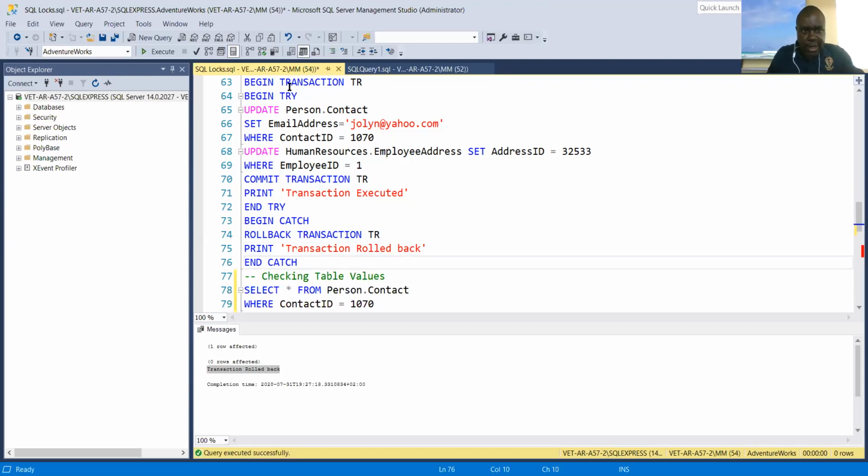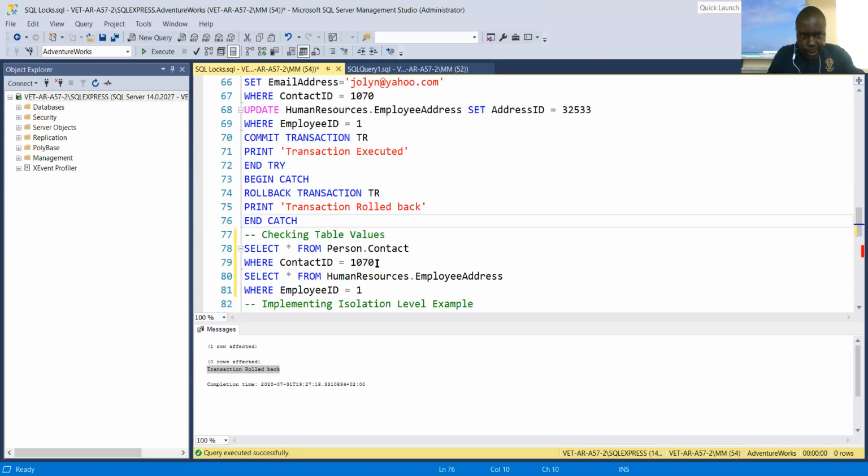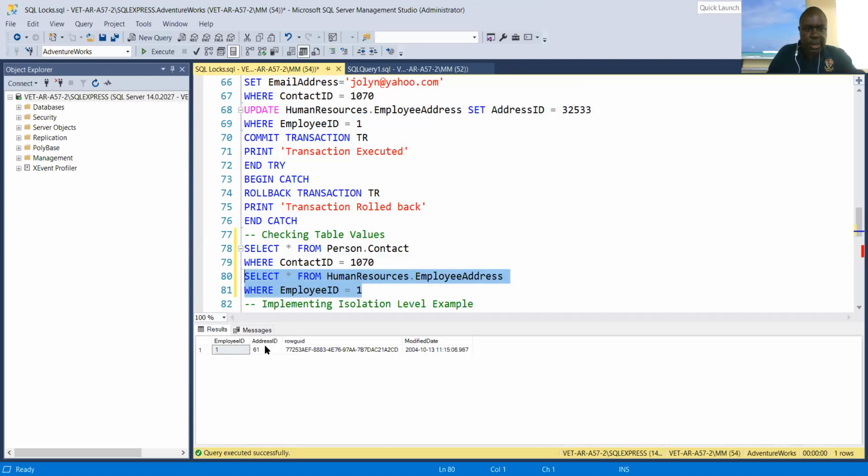because if you look at this data, this is a table with a foreign key.